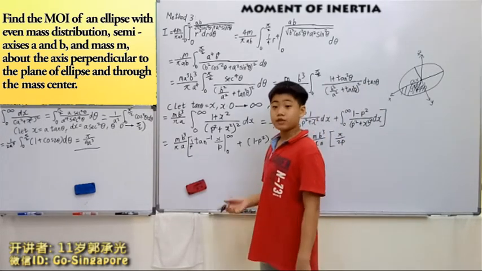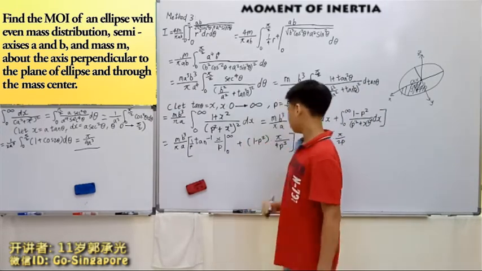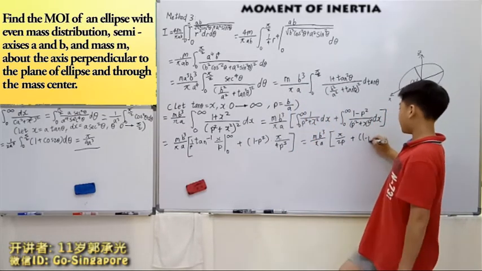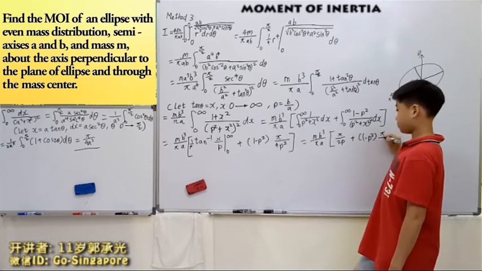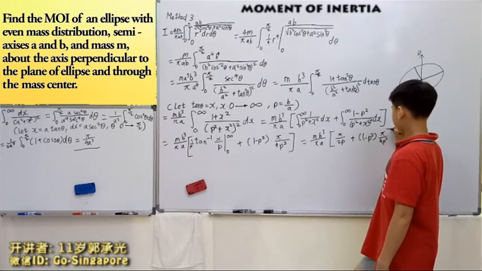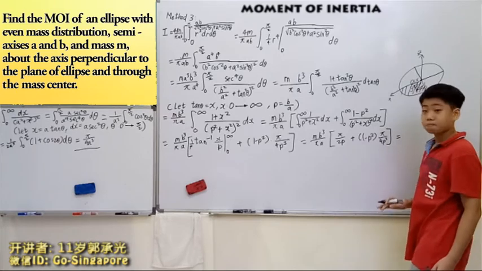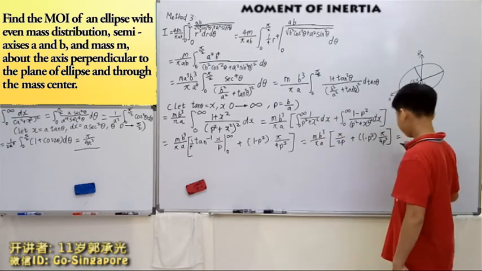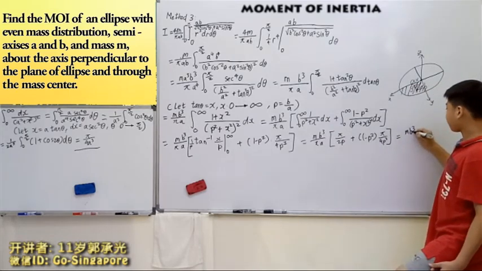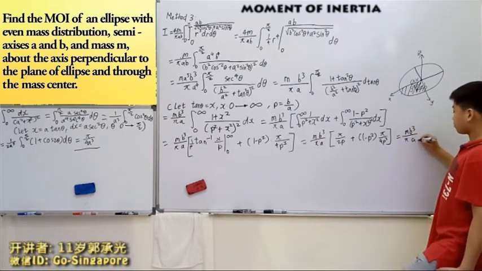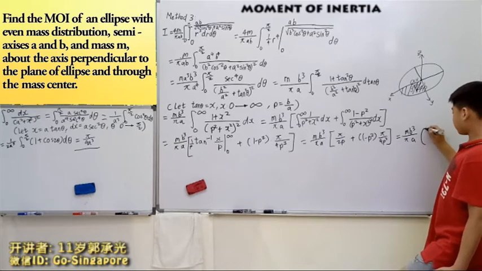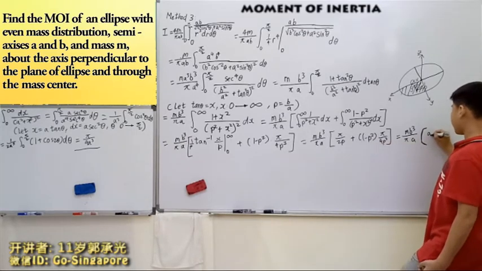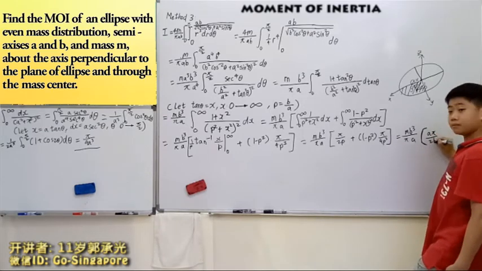If it's having 0, inverse tangent 0 is 0. Then you have to plus. Let's just put this part the same first. Then p, we'll change it back into b over a. So change it back into b over a, that's a pi over 2b.